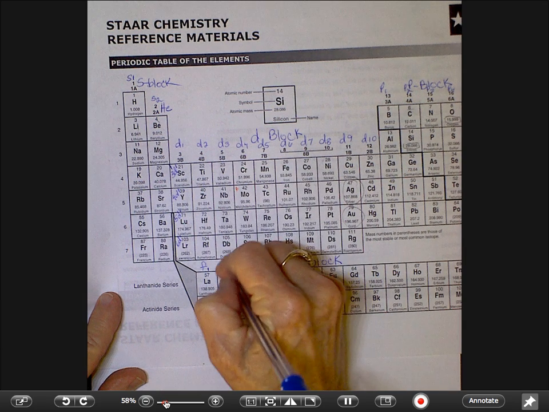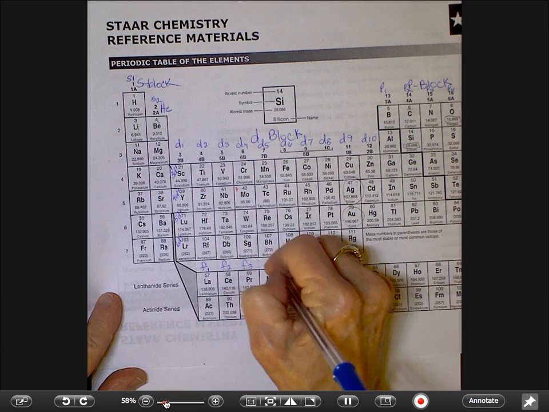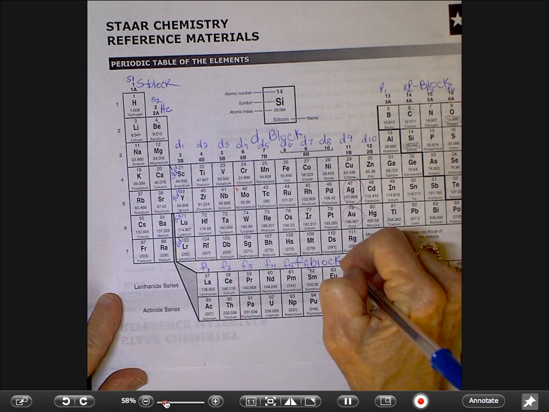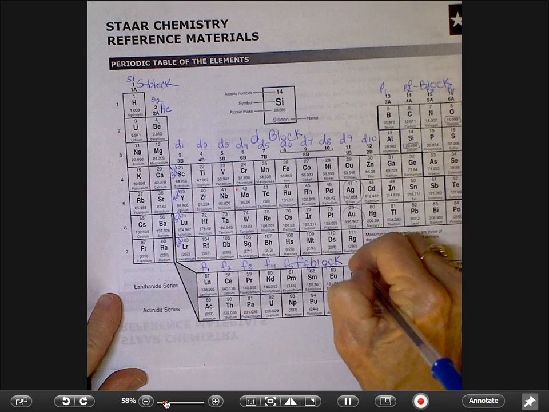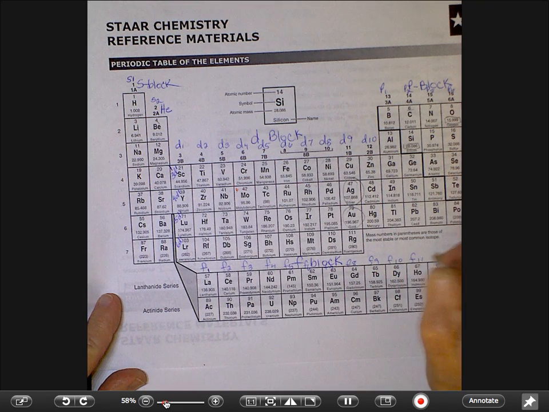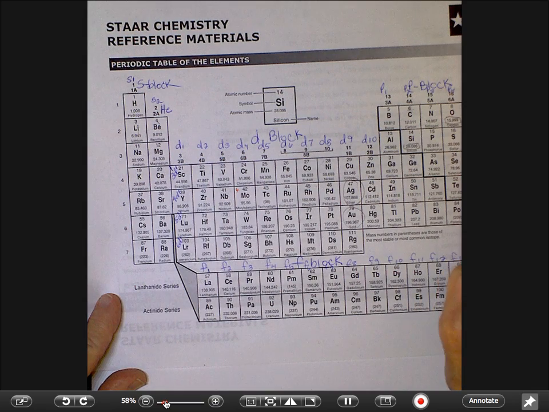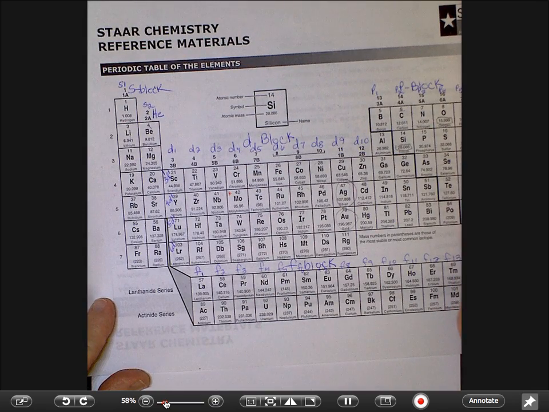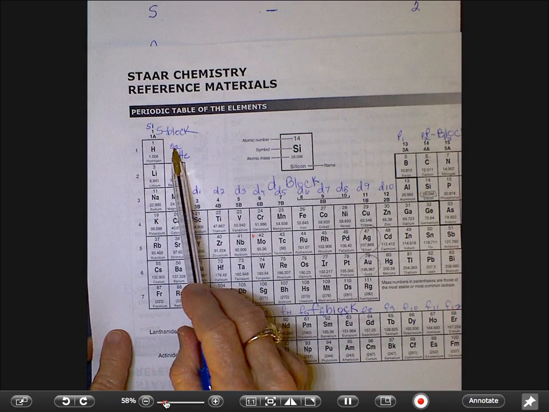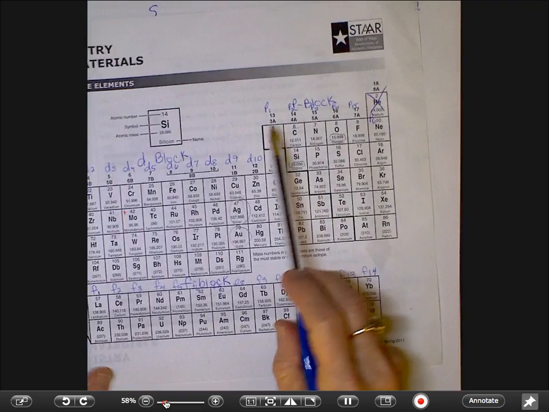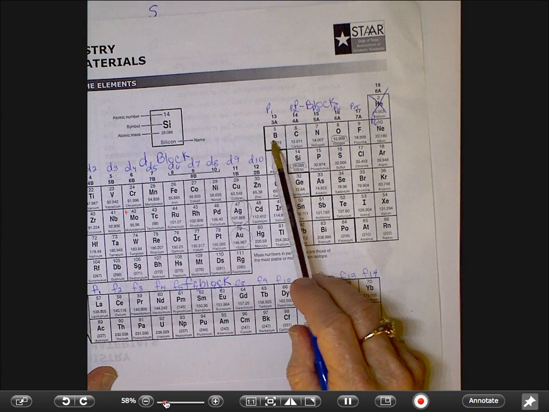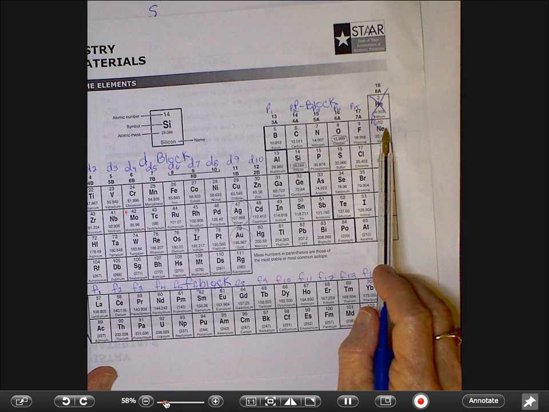F1, F2, F3, F4, F5, F6, F7, F8, F9, F10, F11, F12, F13, F14. So it takes 2 elements to fill up an S. How many elements does it take to fill up the P? 6.